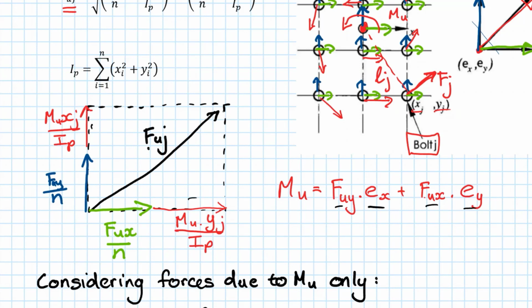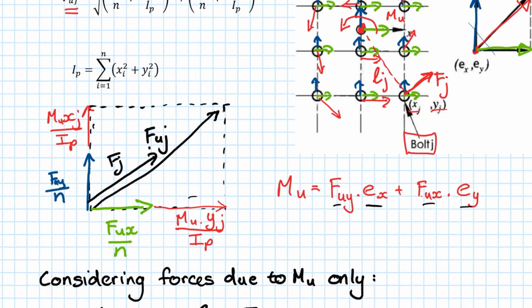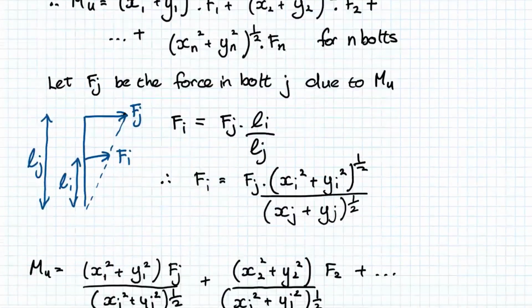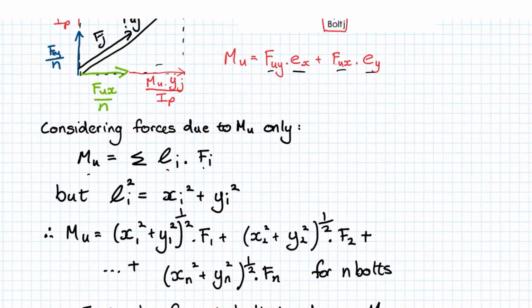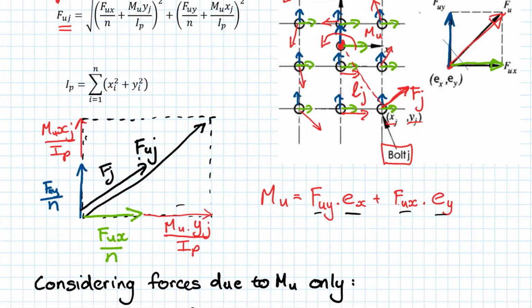Just to make clear what I have been calculating up until now, Fj is just the moment component. Sorry, I drew that in the wrong place. Let me shift that. Fj is the top one.